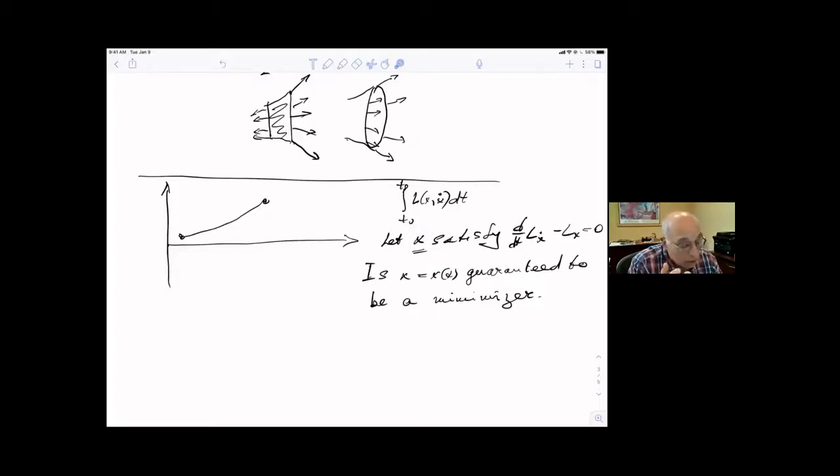Of course, you wouldn't expect it to be a minimizer, like in vector calculus. Some kind of a second derivative has to be positive. And Legendre said yes, it's a minimizer if L differentiated by the second variable, second derivative of L with respect to X, is positive.